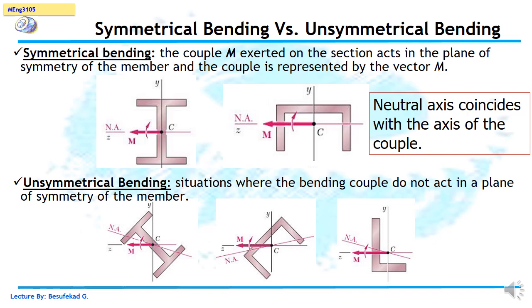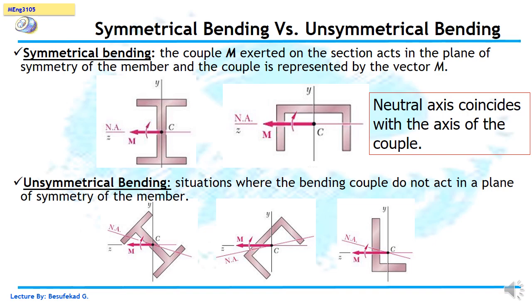I always use my right hand rule: my fingers indicate the direction of rotation, and my thumb indicates the direction of the vector. Since it's acting on this plane, the vector is going to be like this, so that's why you have such a notation.